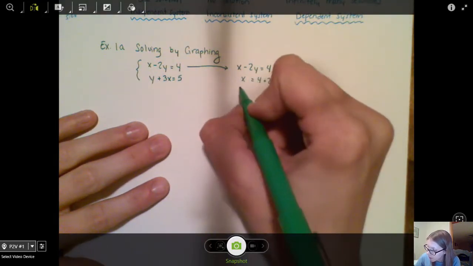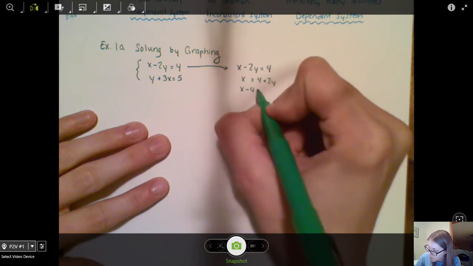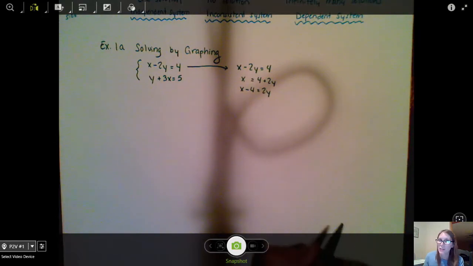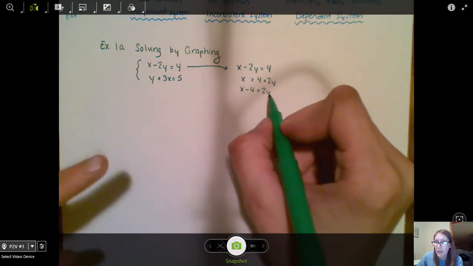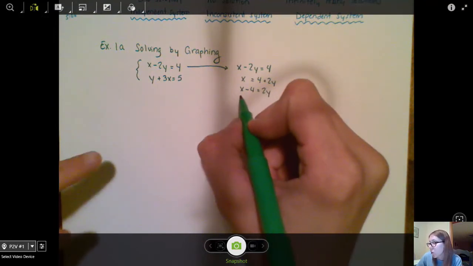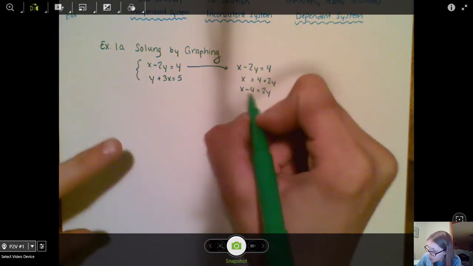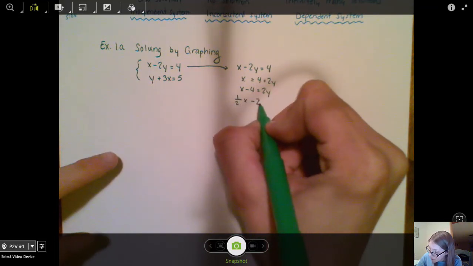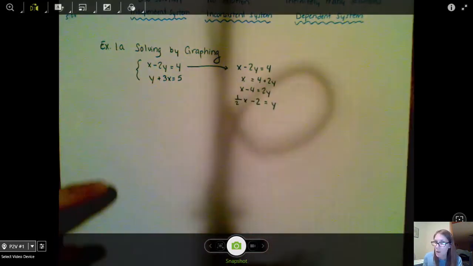Then subtract 4. And divide both sides by 2. Something to be careful with too, once you're dividing both sides by 2, remember it's the whole side that gets divided by 2. So this becomes 1/2 x minus 2 equals y.